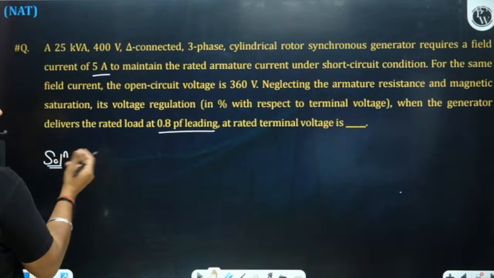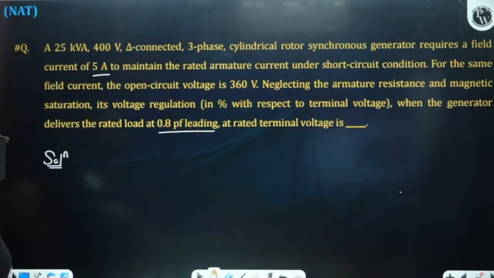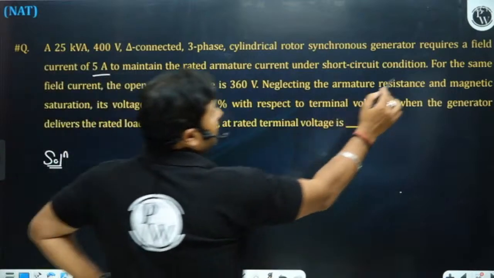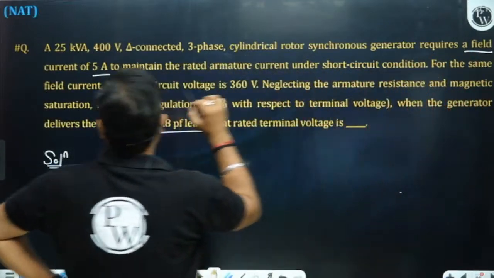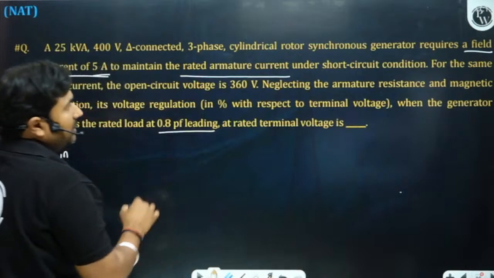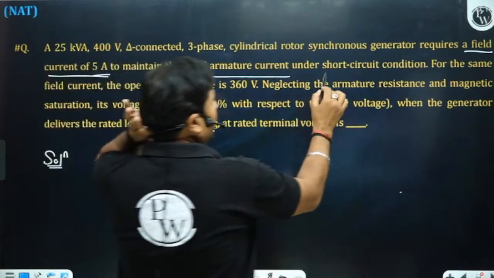Only we have one method, that is the MMF method. But here excess is given. Please observe, field current of 5 ampere to maintain rated armature current. So at a field current of 5 ampere, there is a rated armature current under short circuited condition.